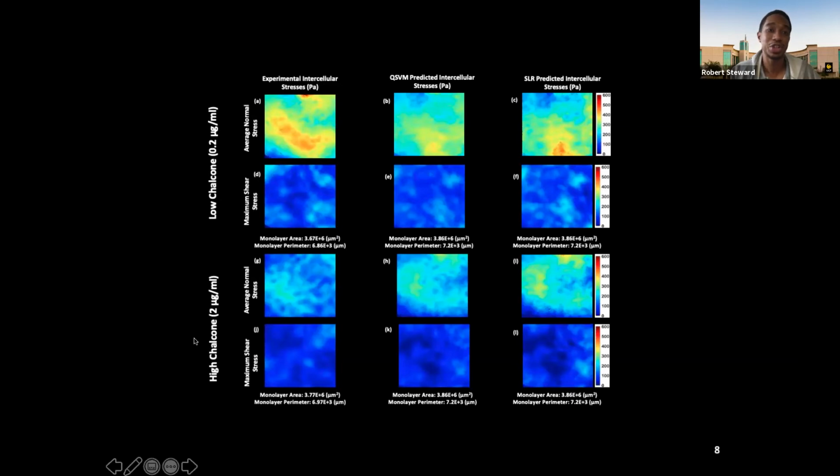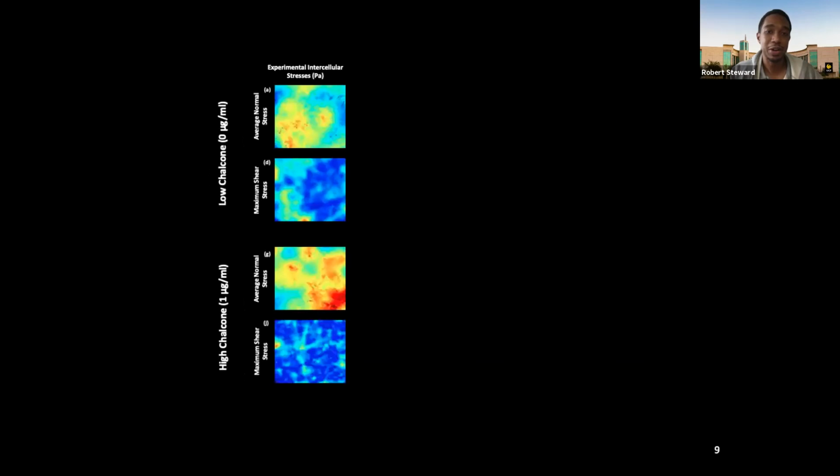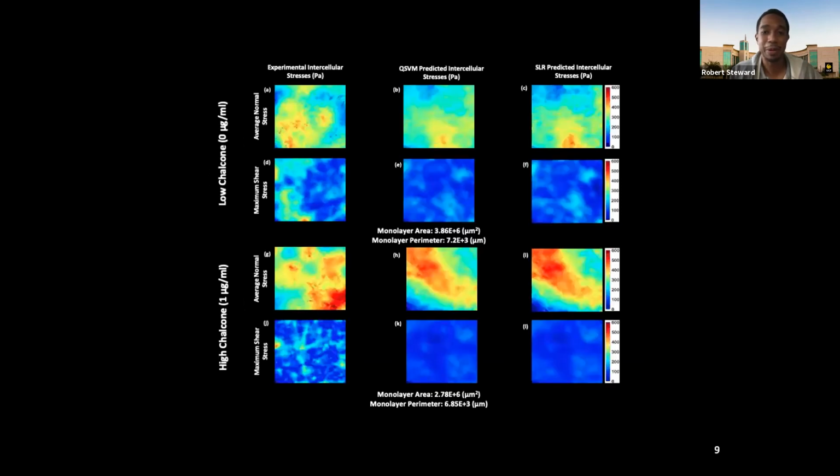What this is showing again is our experimental data that we actually fed in, and the outputs from the 2 different machine learning models that we used. So we have 0.2 and 2, 0 and 1 microgram per milliliter here, again keeping in mind that 0 and 1 microgram weren't fed into the model.